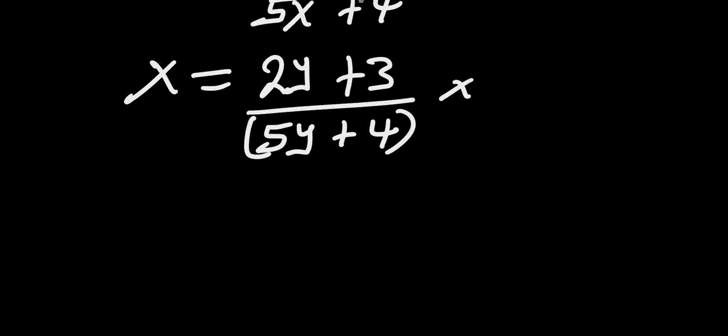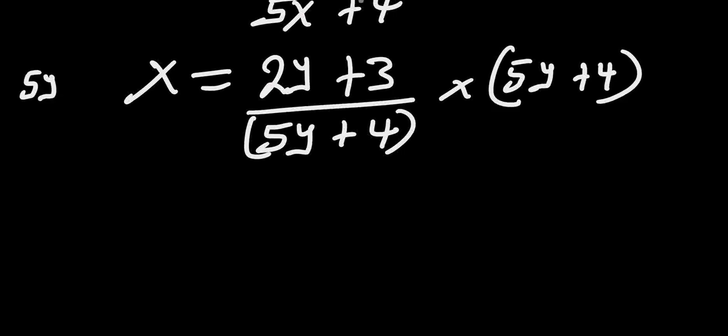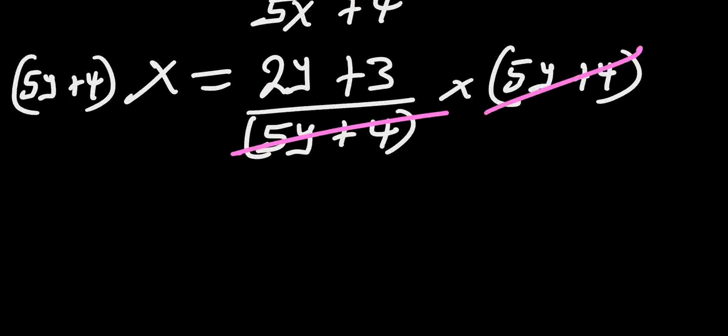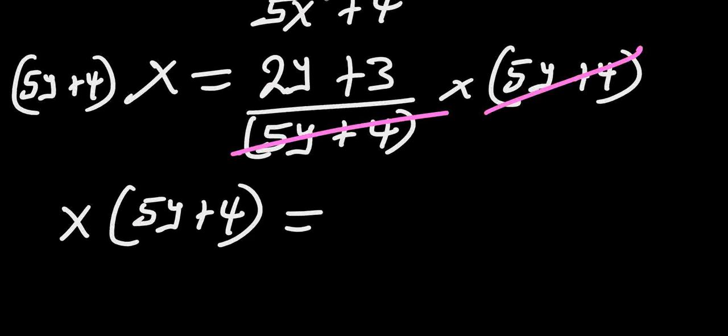We can simply put this in parentheses, and once that happens, this can simply cancel this from here. And we now have 5y plus 4 times x, which can be written as x parentheses 5y plus 4 is equal to 2y plus 3.